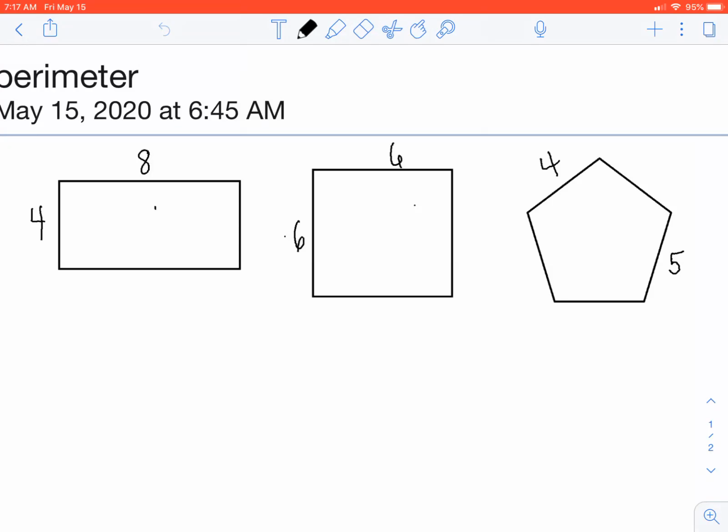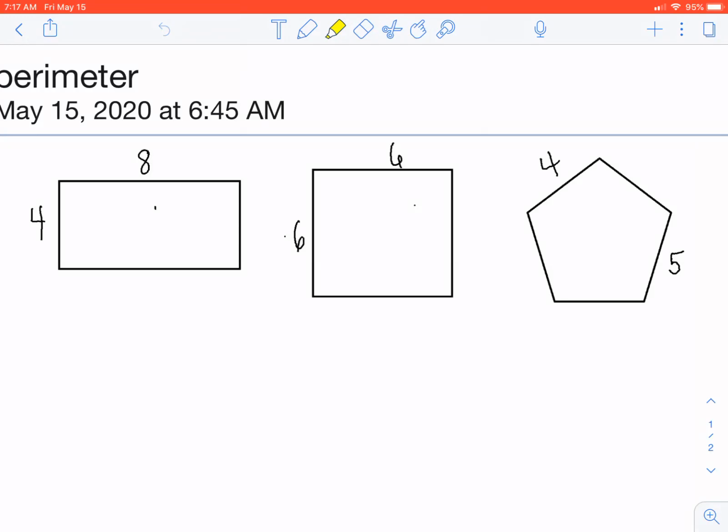So today for math, we're going to be talking about the word perimeter and what it means and why we would use it. So perimeter means the distance around the outside of a shape.